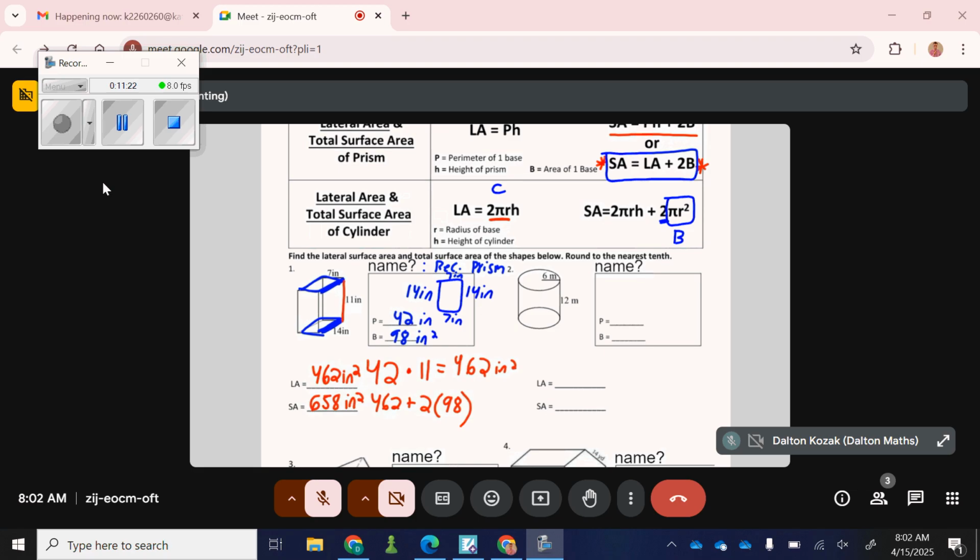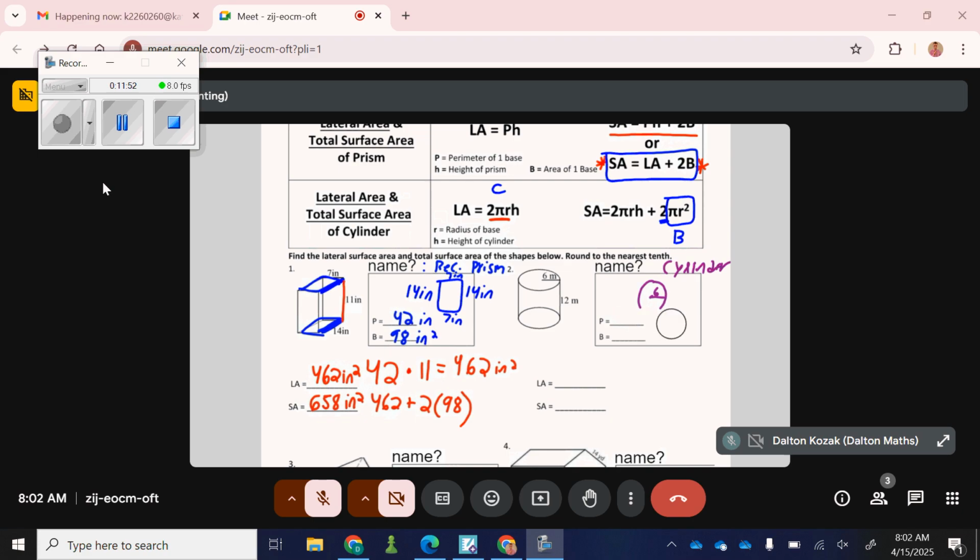Okay, so let's look at the next one. This is a cylinder. We have a circle, the radius of 6.